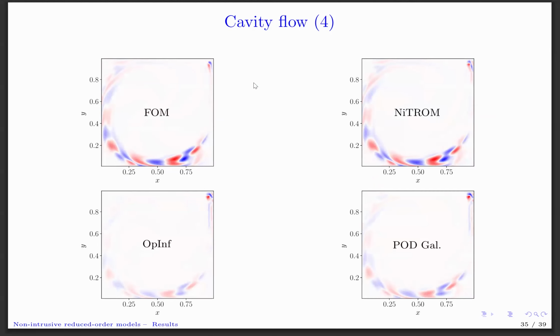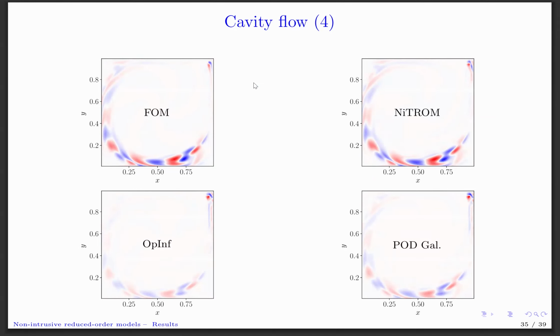These are some snapshots of vorticity fluctuations: FOM, NiTROM, Operator Inference and Petrov-Galerkin. Petrov-Galerkin and Operator Inference are, first of all, underestimating the amplitude of the vorticity field, but they're also getting the phase wrong. If you look at this blue vortex here, it's roughly centered at 0.5 in x.